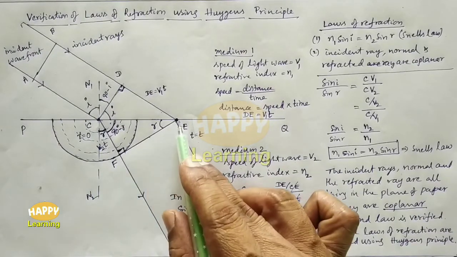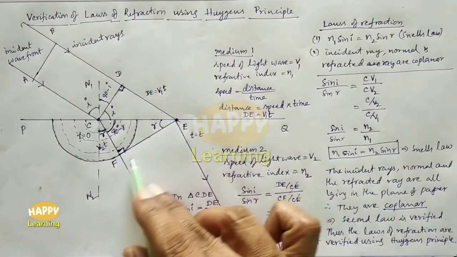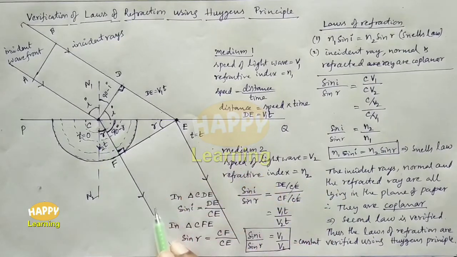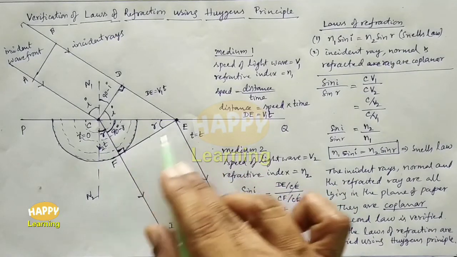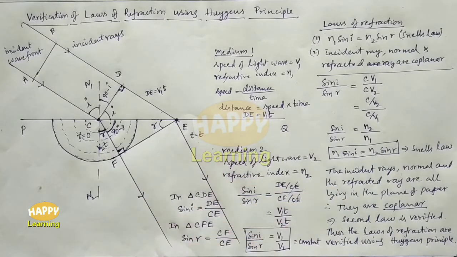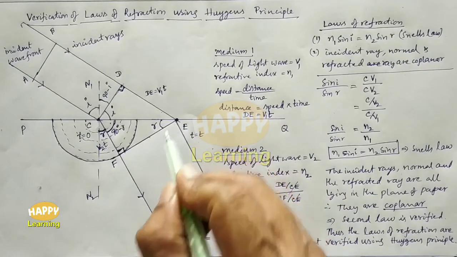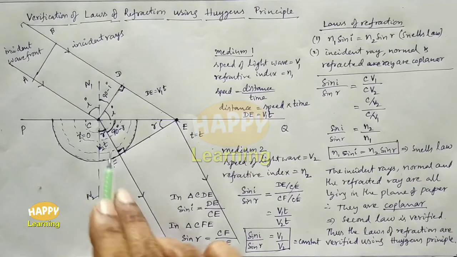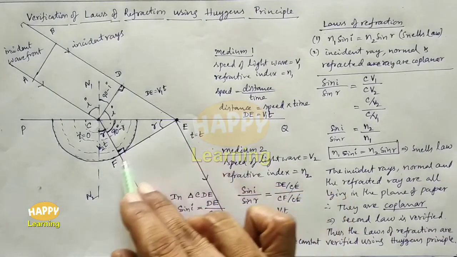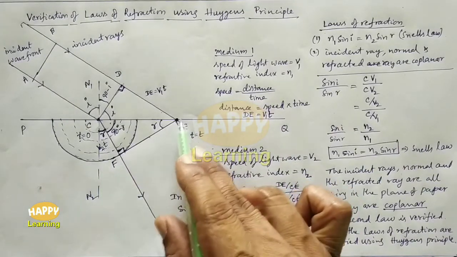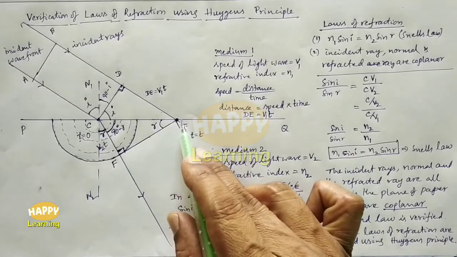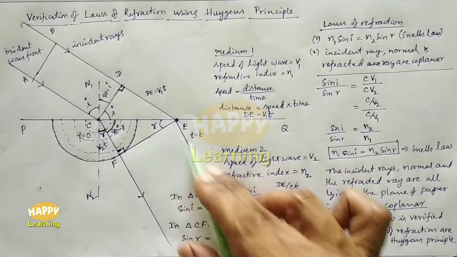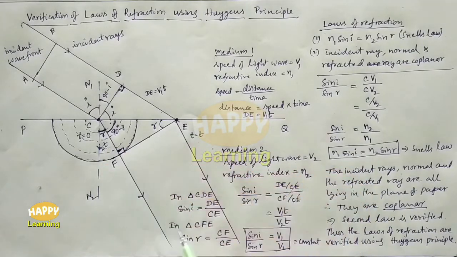From this secondary wavelet to the point E, I have drawn a normal. This common tangent to the wavelets is the wavefront. Here there is a wavelet of 0 radius, here there is a wavelet of radius v2t. Common tangent to these wavelets is the wavefront. So EF is the wavefront. Then I have drawn two normal rays to this wavefront. Those are the refracted rays.